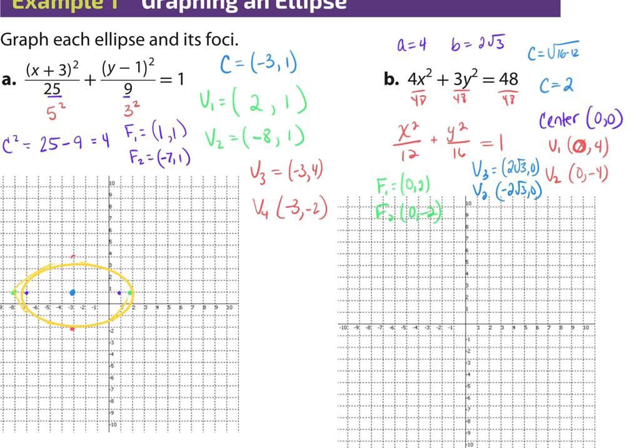So I have all of those, and I'm just going to graph it. My center, obviously, at 0, 0. My major vertices at 4 and negative 4 on the y. 2 square root of 3, it's going to be somewhere in here. In between what?